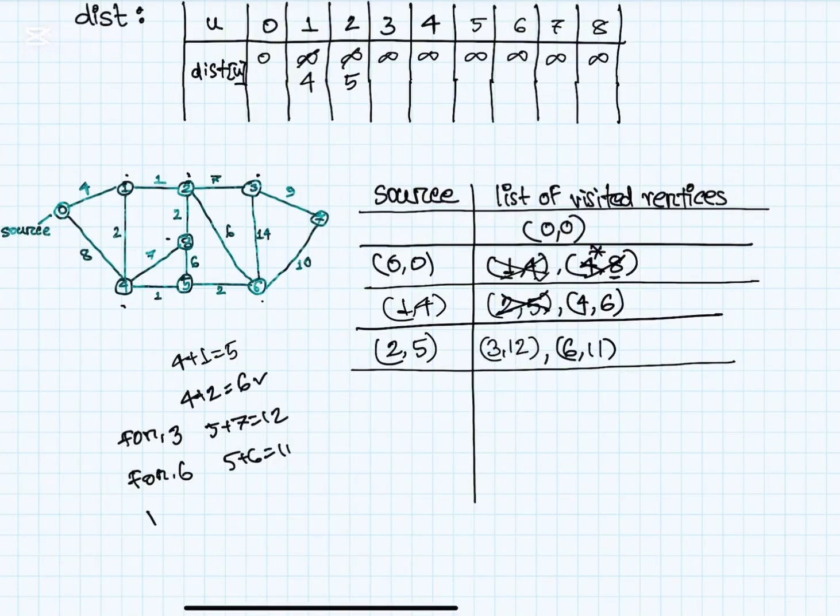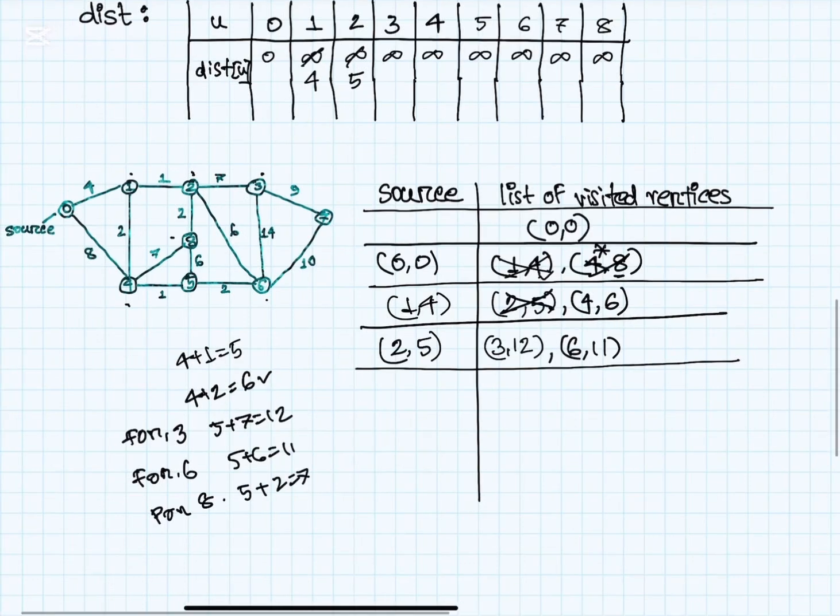For 8, distance will be 5 plus 2 is equal to 7. So 8, 7. And previously 4, 6 was left out. So among all of these, 4, 6 is the smallest. So we'll choose this as our next source, 4, 6. Let's update the distance.